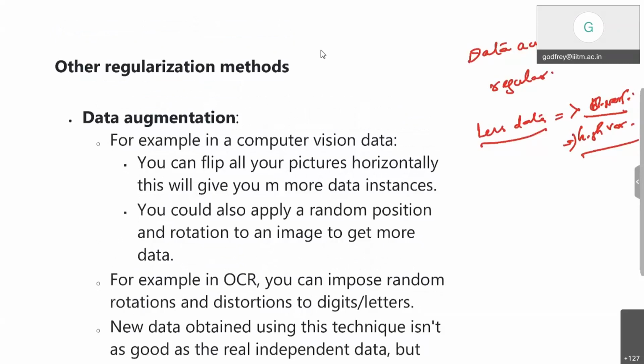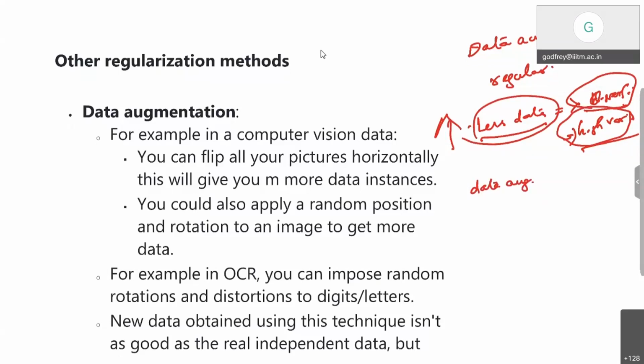In order to avoid this overfitting and high variance, you increase the data. One way to increase the data is by using data augmentation.